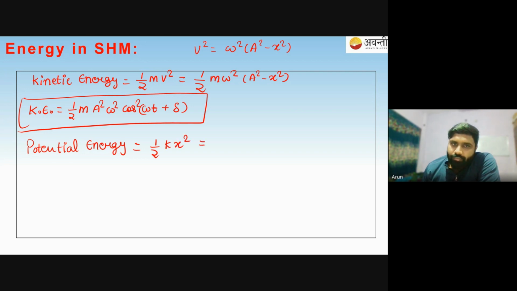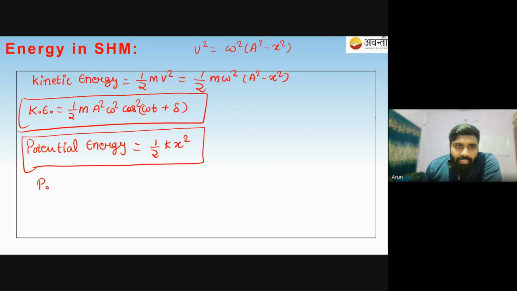So x you can simply see is itself in terms of displacement. If you want to convert it into the time frame, it will be 1 by 2 k times x square, so you can write a square sine square omega t plus delta.